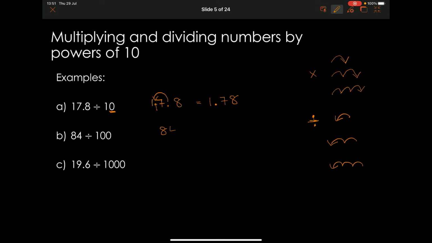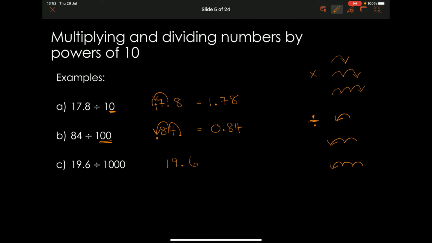If we have 84 divided by 100, okay, so we go from the end of the number. 100 has 2 zeros, and there's no decimal point in it, but we've got to go back. So we go from the end of the number just there, and we go back 1, 2. Okay, and our decimal point would end up there, giving us 0.84.